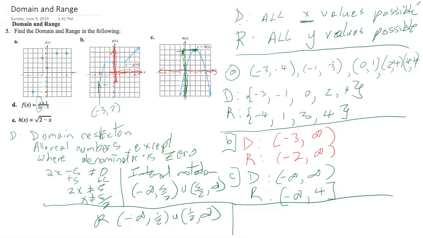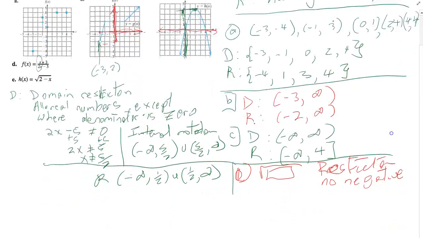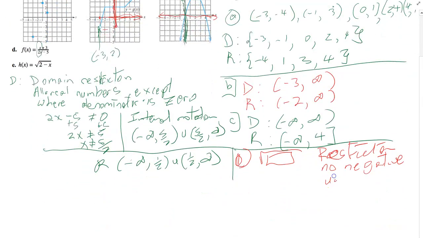Okay, final one let's look at is where you have a radical, then the restriction is that anything under the square root cannot be negative. Okay, so the restriction is that there's no negative, and that's for the domain. There's no negative on the square root. So let's work through this real quick.